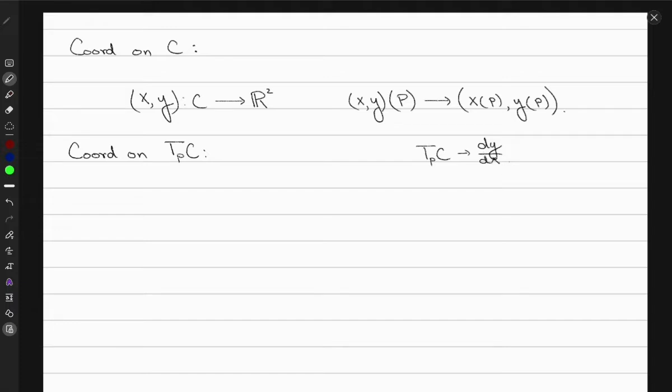But now the space is also made up of vectors, so we'll differentiate between the coordinates on C and these by using these arrow brackets, and it will be dx comma dy.